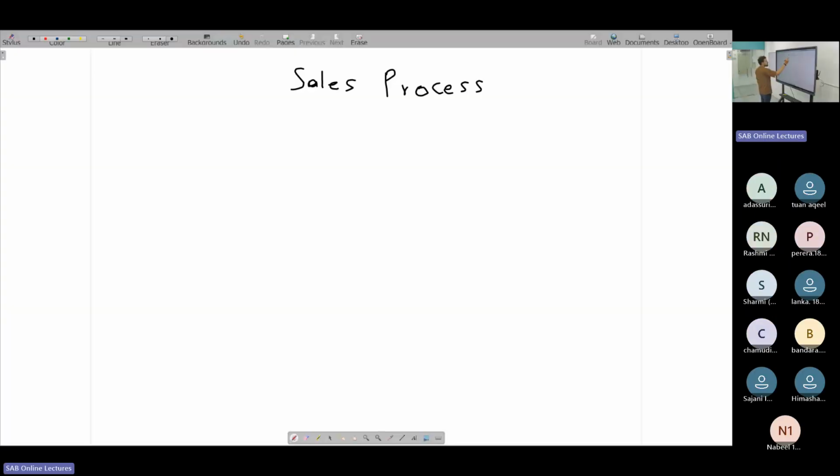Sales process mind map. What are the topics we have discussed?